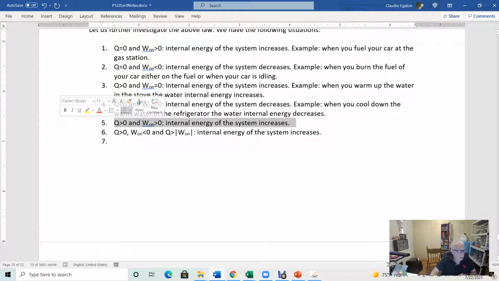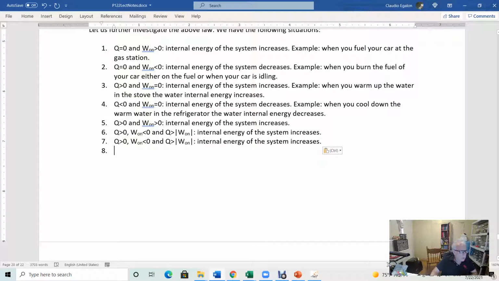We have this other situation, let's say. Q greater than zero, but now the magnitude of the work done on the system is more than Q. The internal energy of the system decreases. And finally, you have the other case.